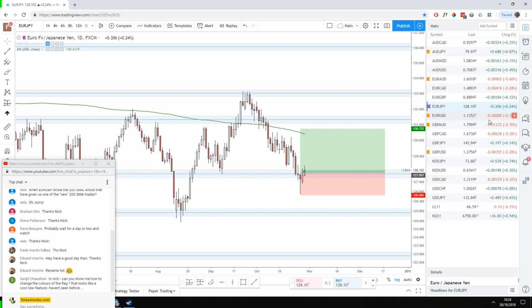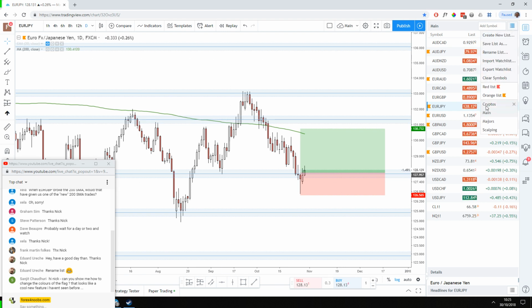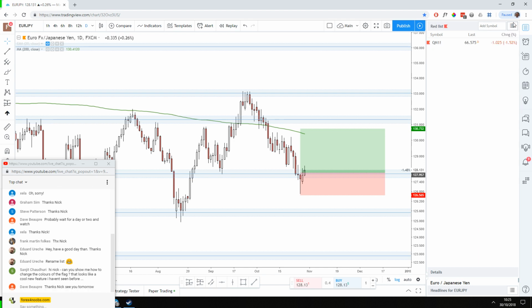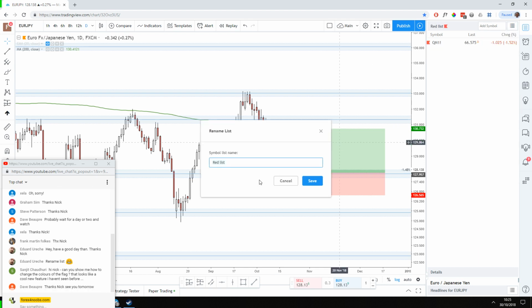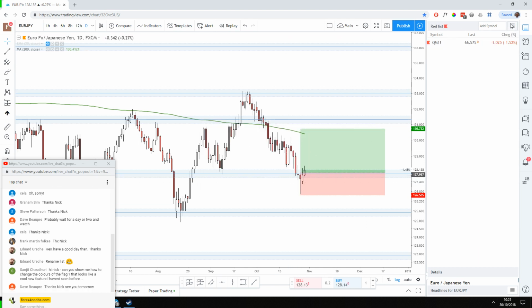I really like this new flag system. It's really good. You just click the flag and then it pops up. You don't have to do anything. Yeah, there's a rename list option, but does it work with these? Oh, it does. Wow, okay.